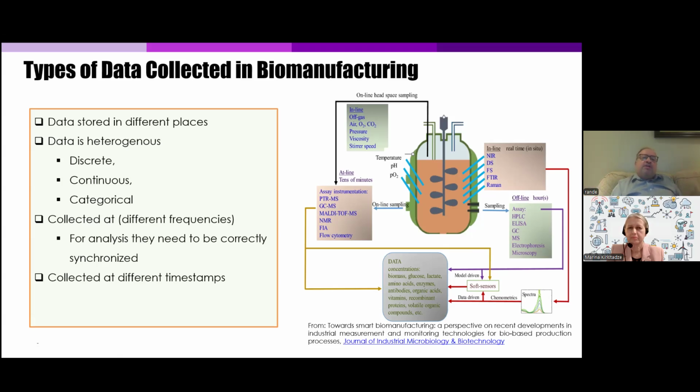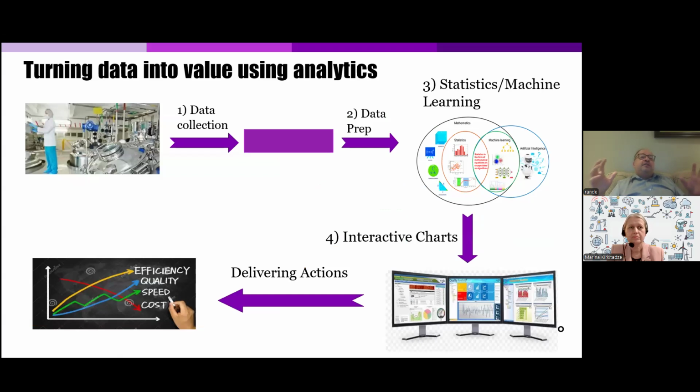Now, what can we do here to turn data into value using analytics? We collect the data from different sources, from MES, LIMS, and PI Historian. Then we go to the second step, which is data preparation for analysis, making sure that the data is in a suitable format for analysis.